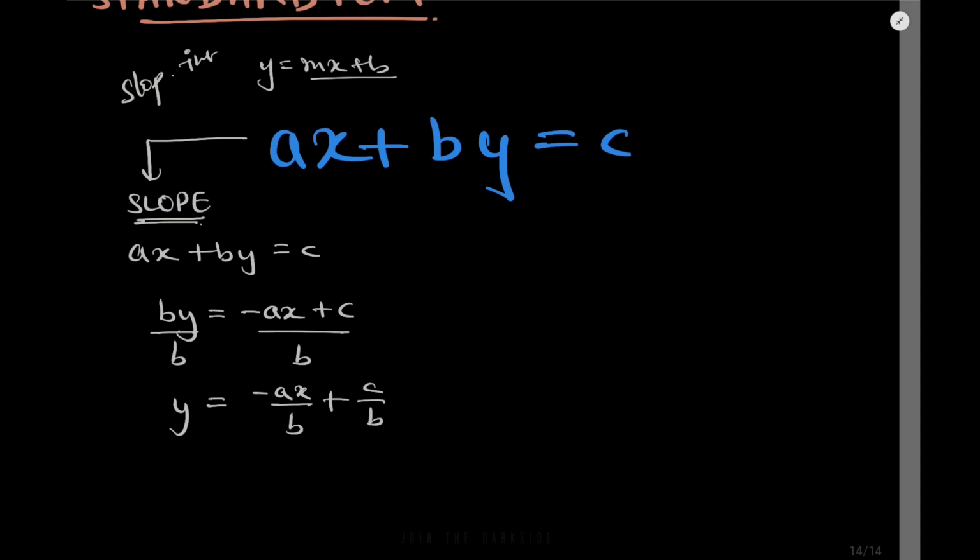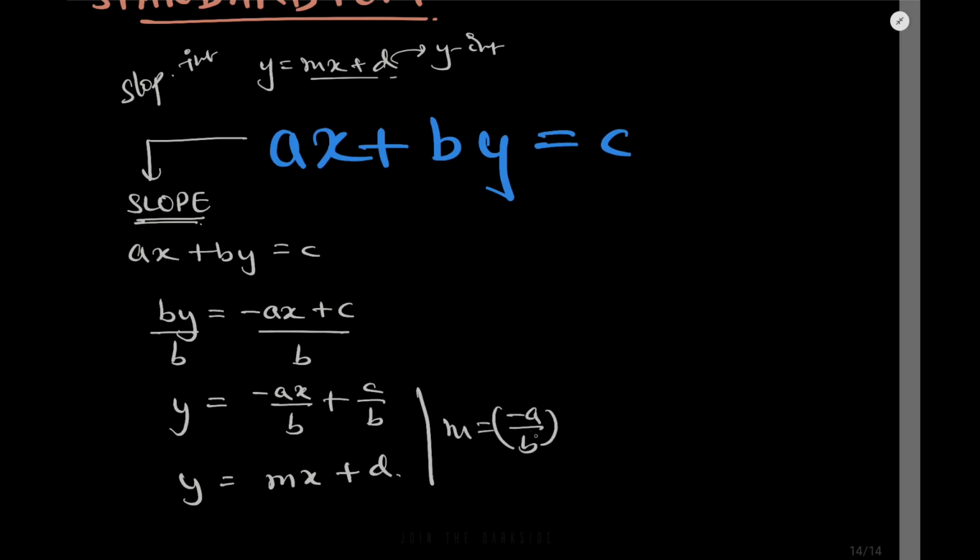You have got y is equal to mx plus b. Or I think I should take this as d. This is the y-intercept. So here m is equal to minus a by b, and d, which is the y-intercept, is equal to c by b. Pretty easy, isn't it? You just need to try sometimes, okay?